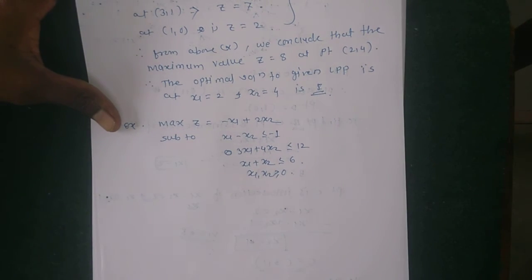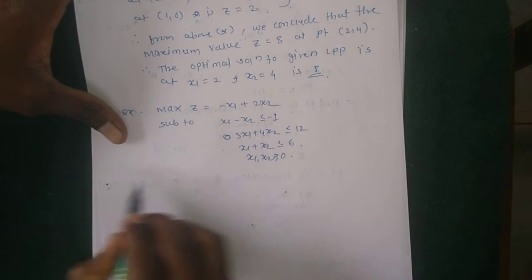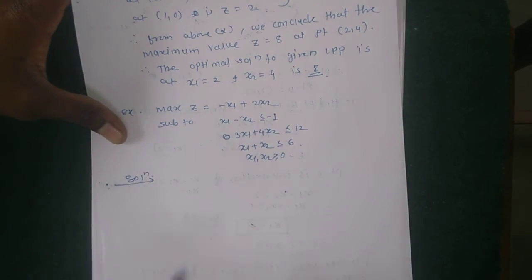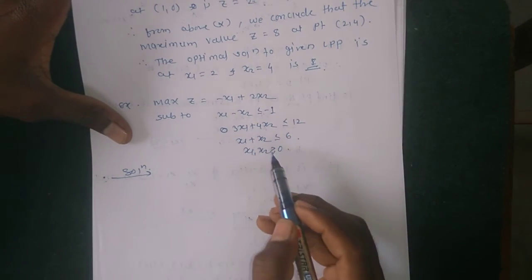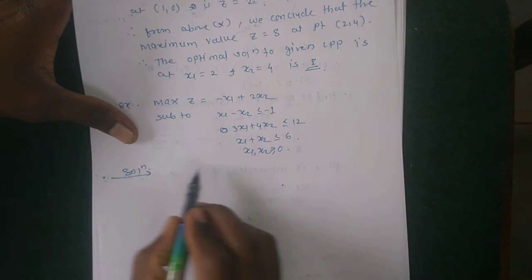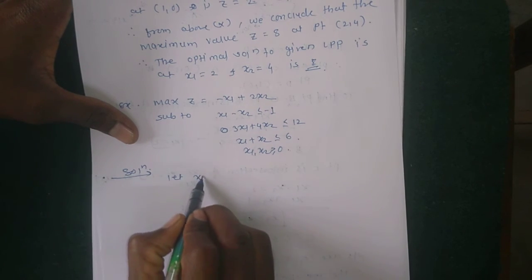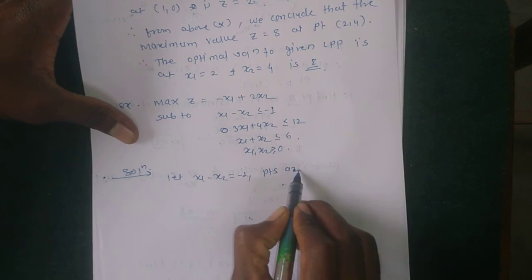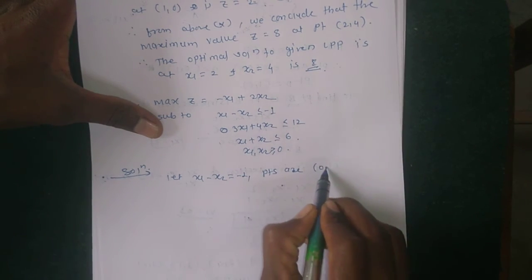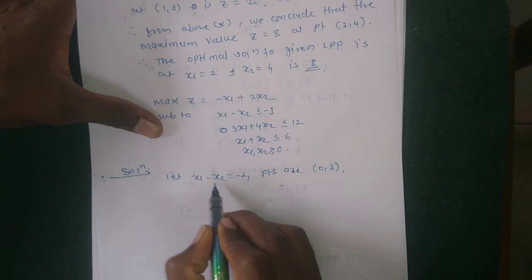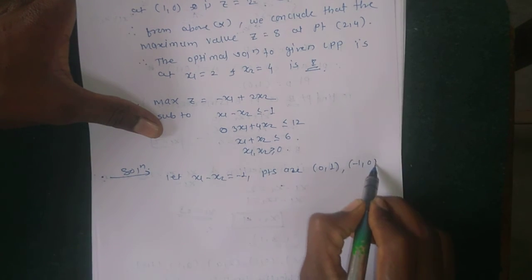So how to find the solution of this? Write each constraint in equation form and find the points. Let x1 minus x2 is equal to minus 1. Then the points are: when x1 is equal to 0, x2 is 1, and when x2 is equal to 0, then x1 is equal to minus 1.